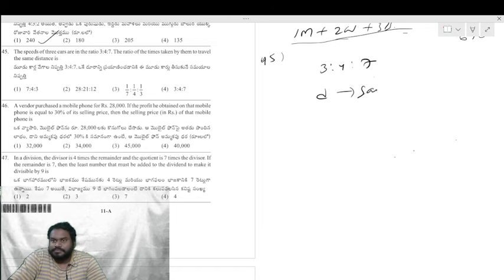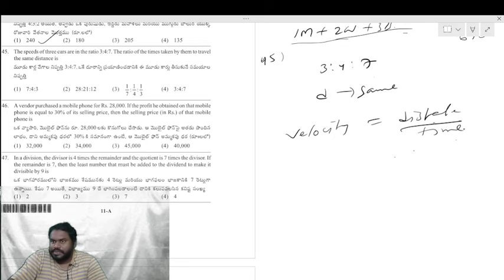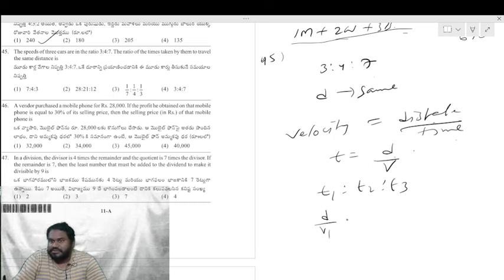D is the same. Velocity equals distance by time. He's asking for the ratio of times. Time equals distance by velocity. So T1 is to T2 is to T3 is D by V1 is to D by V2 is to D by V3. So 1 by 3 is to 1 by 4 is to 1 by 7.